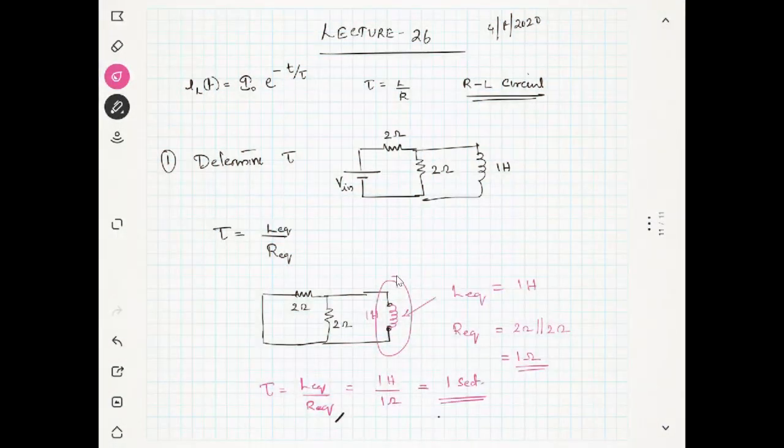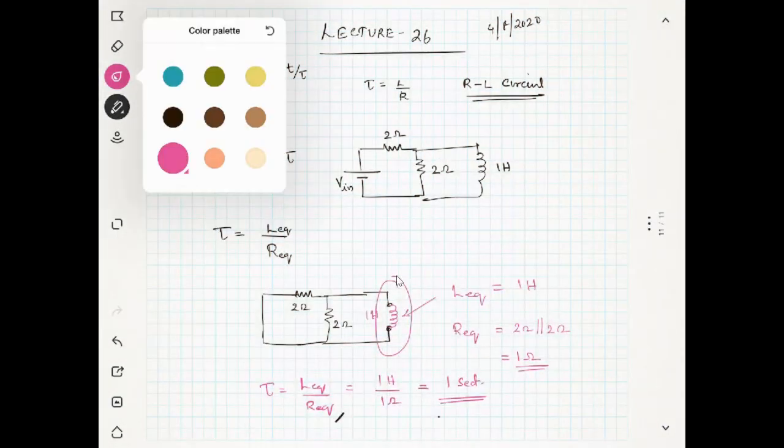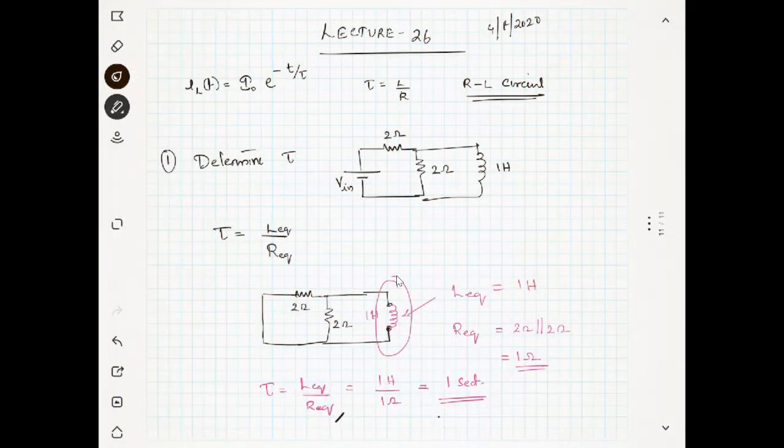We have also seen from the differential equation that L by R is a factor related to time. That's why the unit is seconds. That's very important. I hope it is clear to you, right?